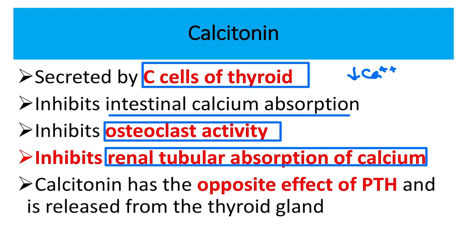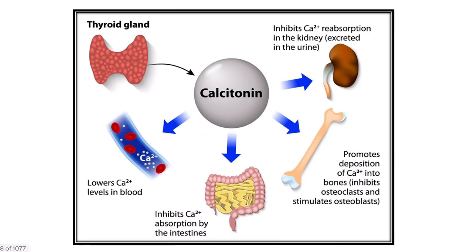The calcitonin has the opposite effect of the parathyroid hormone. The parathyroid hormone usually increases calcium and decreases phosphate level in the blood, but the calcitonin causes the opposite. And the parathyroid hormone is released from the parathyroid gland, but calcitonin is released from the thyroid gland.